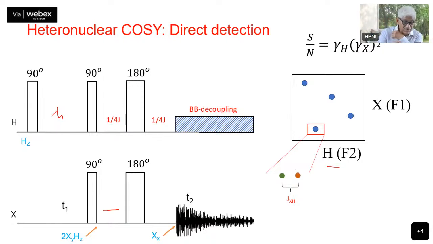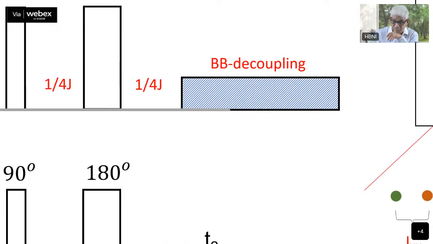So this is 90, you are starting with proton. So along the T1 period, I should have proton. I think we stopped it. This is wrong. So here F1 will be proton. F2 will be X. Actually, this picture is wrong. This experiment is fine, but that picture is wrong.